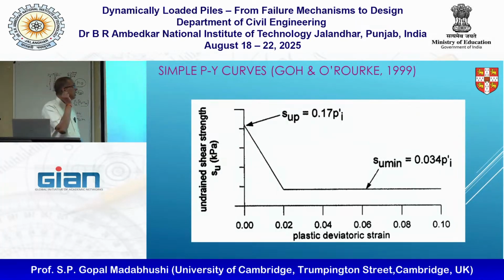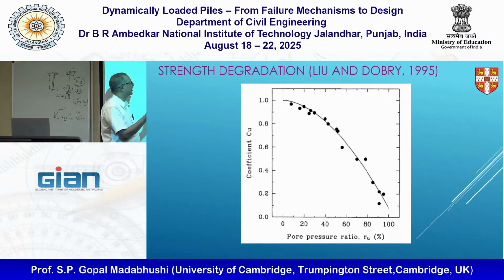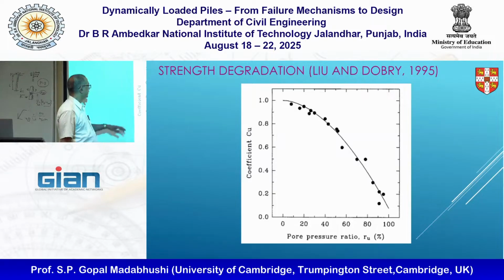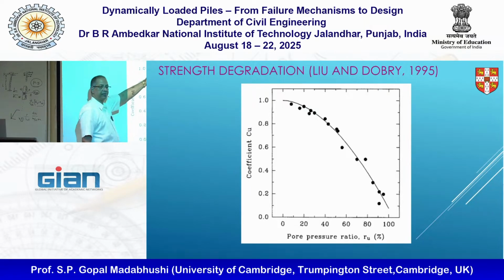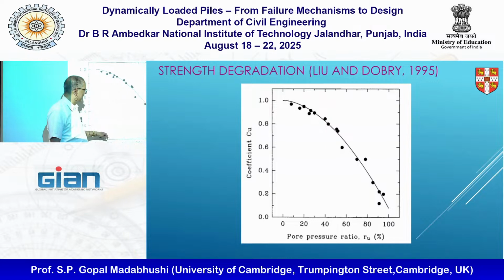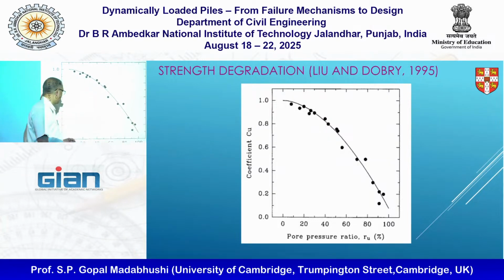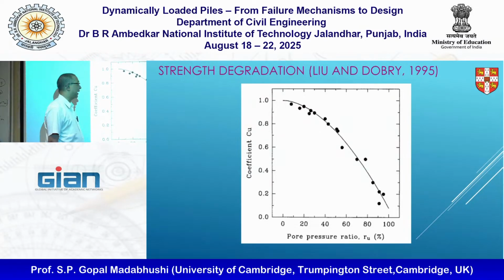Back in 95, in a very popular paper, Liu and Dobry came up with this degradation of the strength. Suppose I have a multiplier coefficient for my strength of Cu. When no cyclic loading is applied, it will be say 1. If I cycle and mobilize a lot of pore pressure, then it will drop all the way from 1 to almost 0.1, a factor of 10 drop.